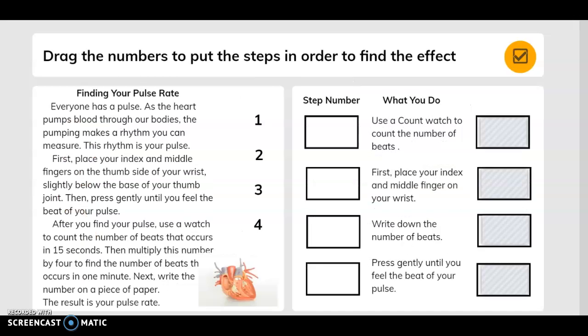Drag the numbers to put the steps in order to find the effect. Finding your pulse rate. What do we do first?